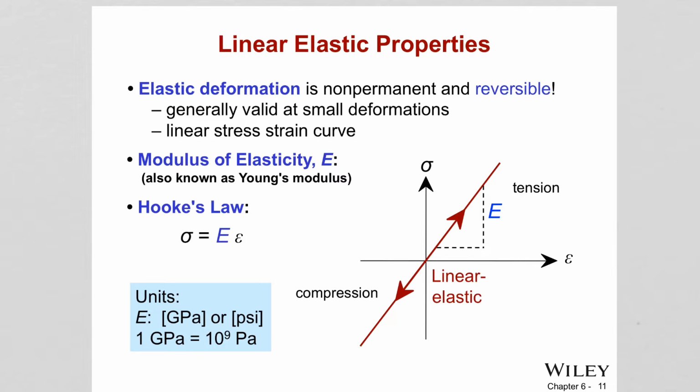At large deformations, when you release the forces, you might not be able to go back to the original shape, such as if you have an aluminum foil, you bend it, and when you release the forces, it doesn't go back to its original shape, right? So when we are talking about small deformations, usually this is called elastic deformation, and it is not permanent, and the relationship between stress and strain is linear.